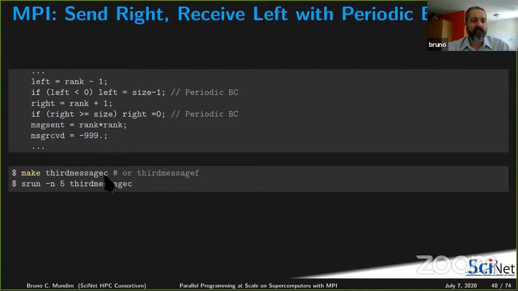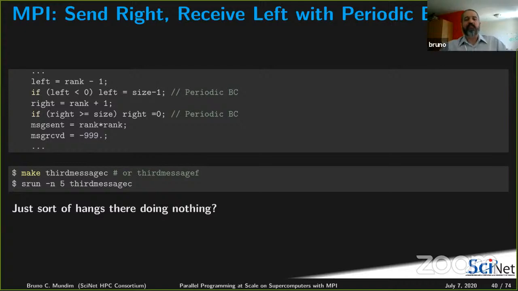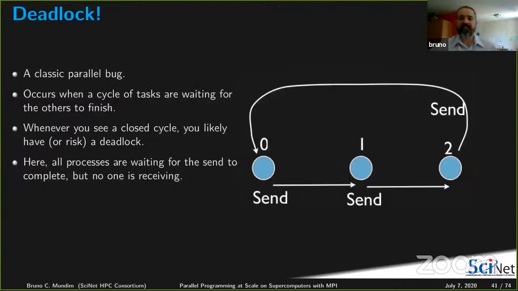And if I compile and run this code here, what you're going to see is that the code is just hanging there and basically doing nothing. So what's going on? This is a classical parallel bug called deadlock. Essentially, all processes are just sending a message, but nobody's receiving the message.